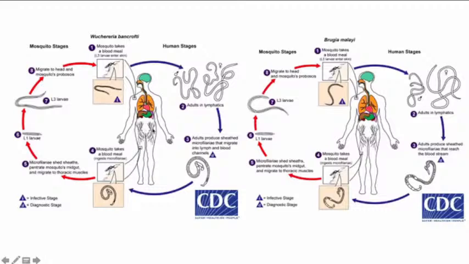So when the mosquito is taking a blood meal, it's able to pick up the microfilaria, which again have a cycle within the mosquito. In the mosquito, the microfilaria shed their sheaths, penetrate the mosquito midgut, migrate to the thoracic muscle, and then mature from L1 to L2 and then L3 larvae.